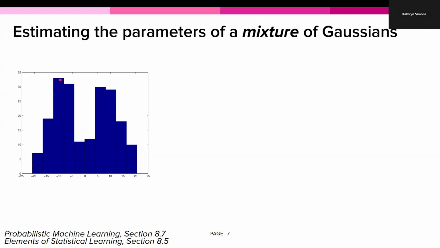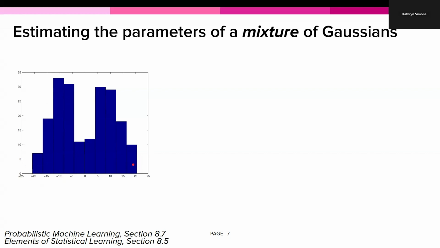The data has two distinct peaks, and so this might reflect two subgroups such as biological males and females, which each have their own average height and their own spread. Normally we'd be trying to fit a single Gaussian distribution to this data set, but this wouldn't capture the two distinct modes very well at all. Instead, what we might want to do is model this data as a mixture of two Gaussians, one for each of the two subgroups.